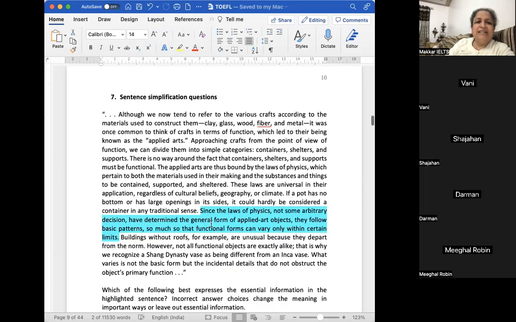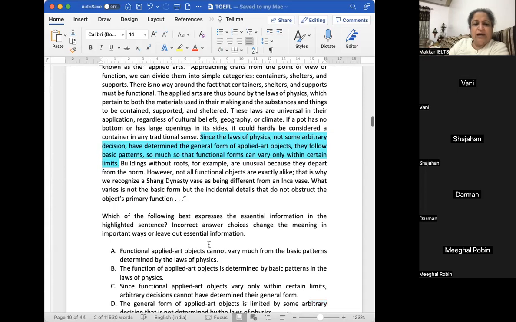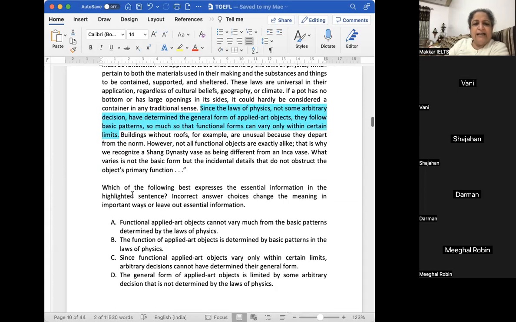Now the seventh type of question that you get is the sentence simplification question. As it's clear, there is a highlighted part of the text, and you are given 4 options, and which of the following best expresses the essential information in the highlighted sentence.